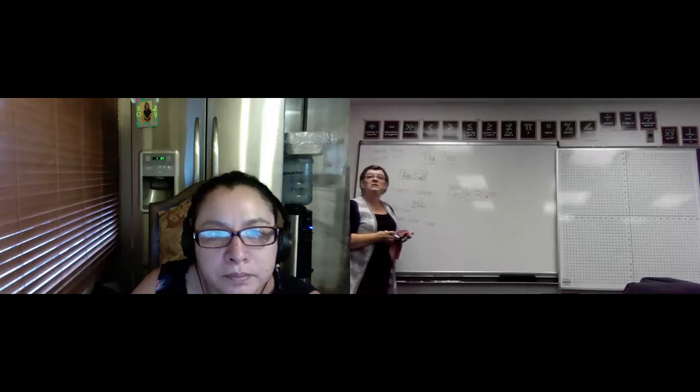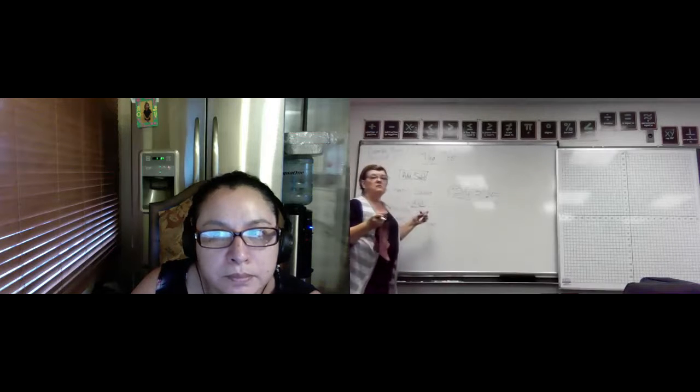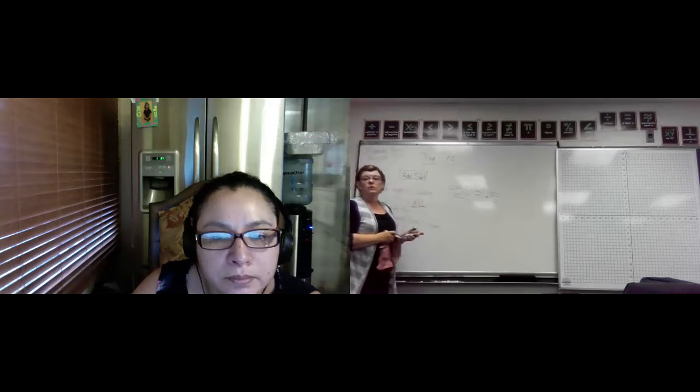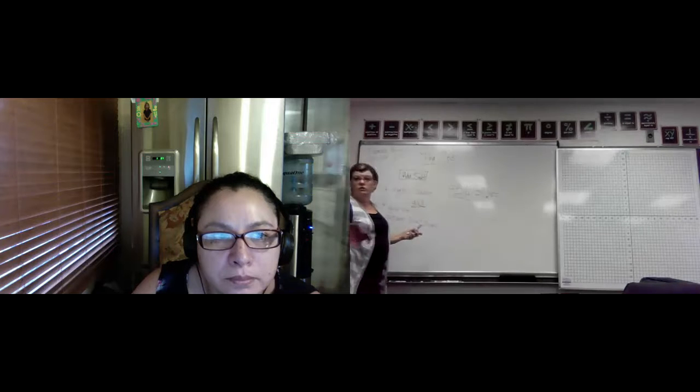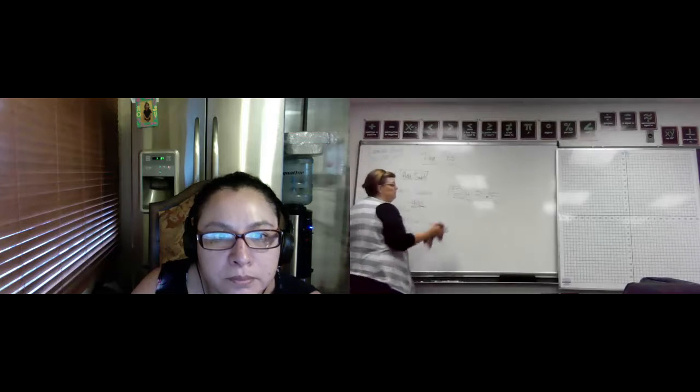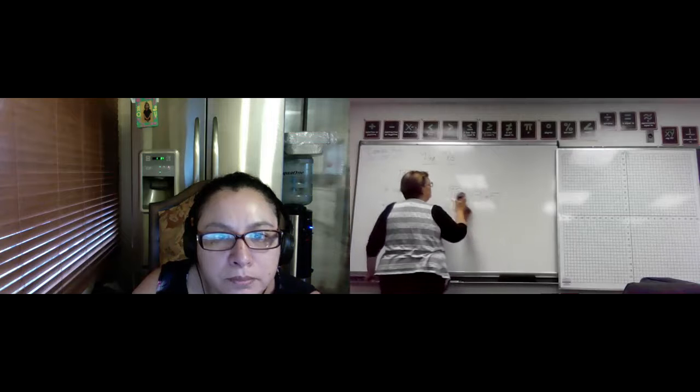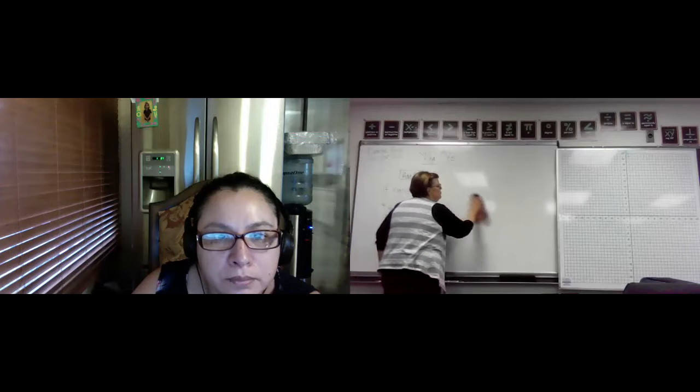If there's not a sign, then it's understood to be plus. You will not get anything wrong if you put the plus there. It is not wrong. But you won't see it that way on things that are printed out, like your test. If there is no sign, it's going to be positive. So you guys are okay with this, right?